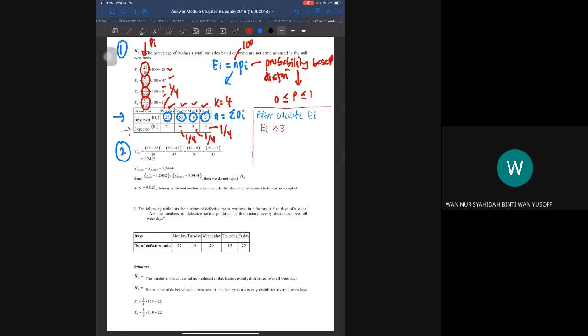So we need to check the assumption of the E: E must be at least 5. In this case, all the E are greater than 5, so you can proceed with the chi-square. So what happens if the E is less than 5?